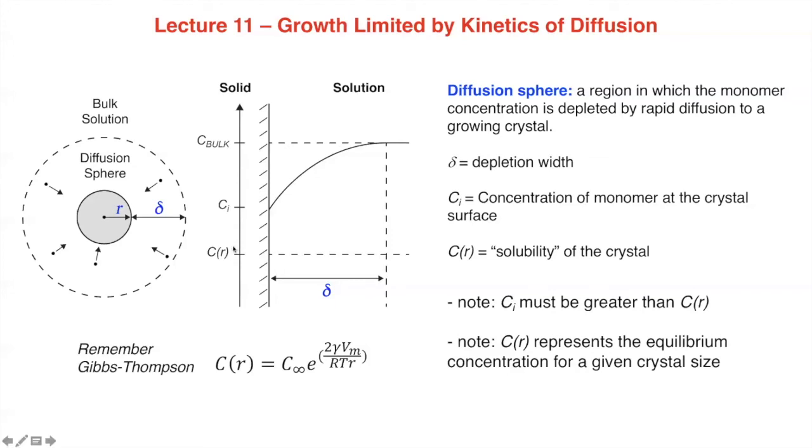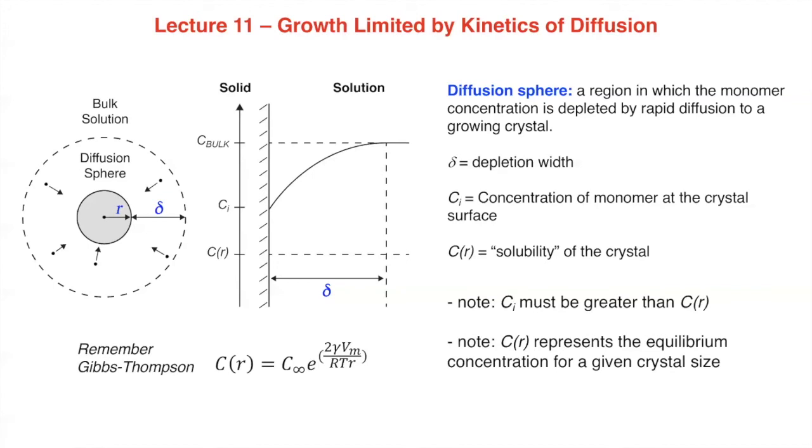large one. Okay, so under conditions where the solution is at a concentration that's higher than the Gibbs-Thompson solubility, you're supersaturated, and when the growth is limited by the kinetics of diffusion, what you'll get is this decreasing concentration of solute as you approach the particle surface until you reach the particle surface and this C_i concentration, so the actual concentration at the growing crystal.